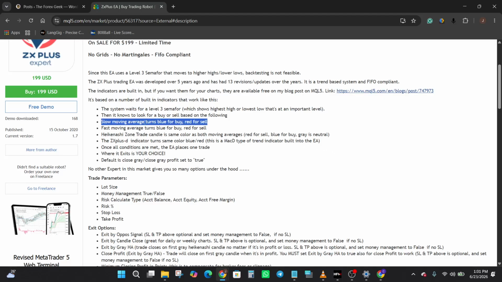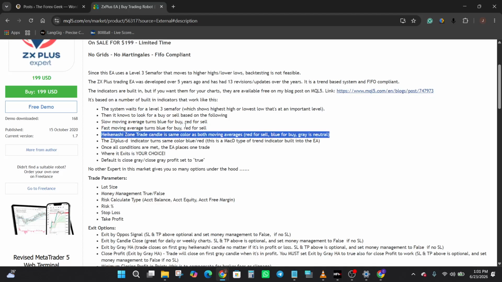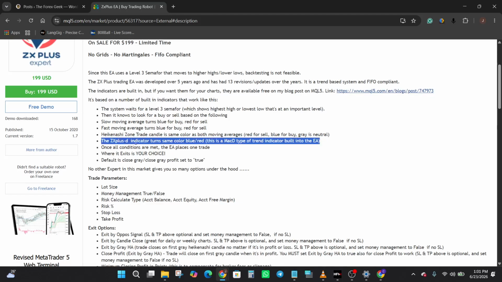The fast moving average must confirm that direction as well. The Heiken Ashi zone trade candle must match the same color, and the built-in ZxPlus D indicator, described as a MACD type trend indicator, must also confirm the setup. So once all of these conditions align, the EA opens a single trade.